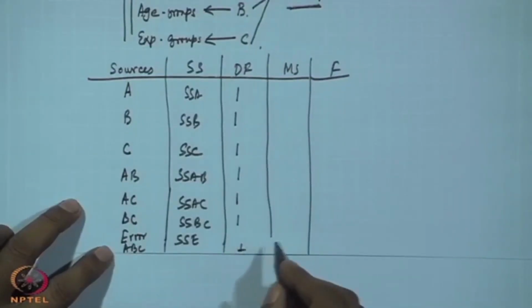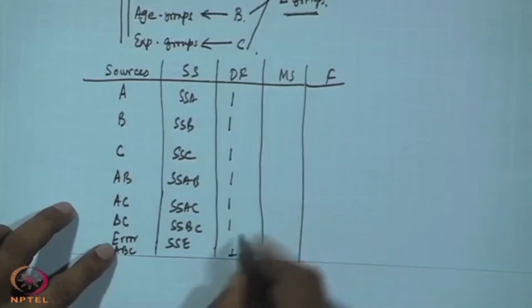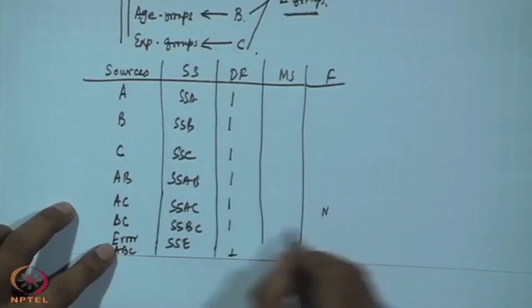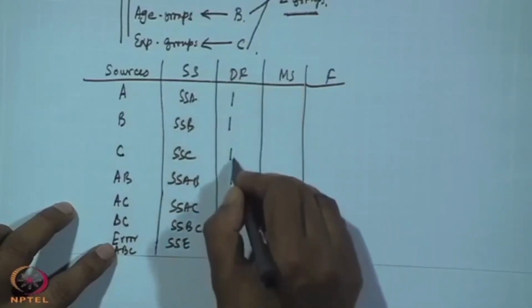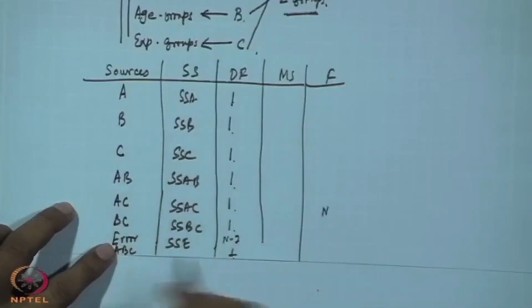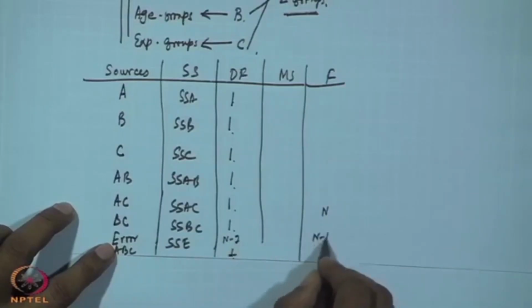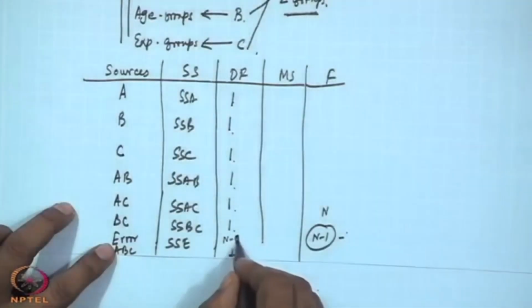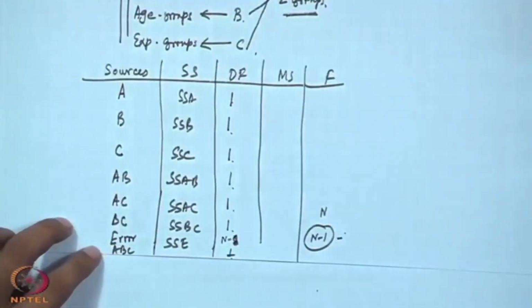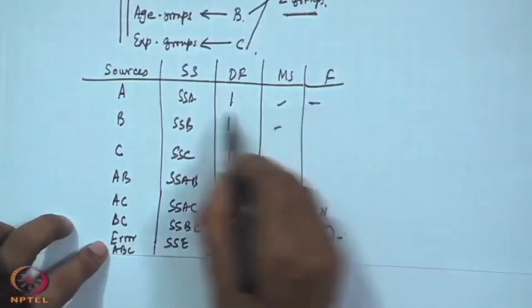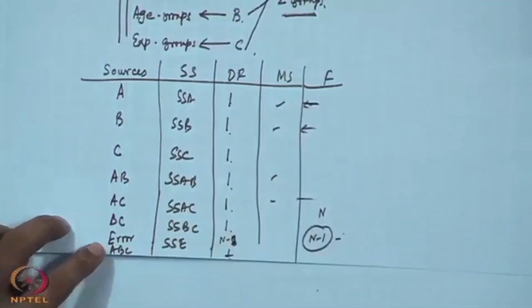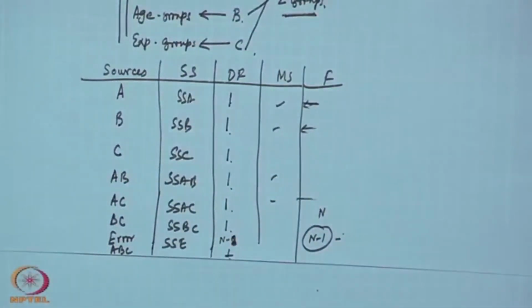And the error depends on the number of observations you will be taking: n minus the degrees of freedom 1, 2, 3, 4, 5, 6, 7. So, 7, that will be n minus 7. N minus 1 will be the total. So, total minus 7, that is n minus 8, will be the error degrees of freedom. So, you will be finding out MS accordingly, then for every factor you will be finding out the F value, and you have to see whether there is a difference or not.